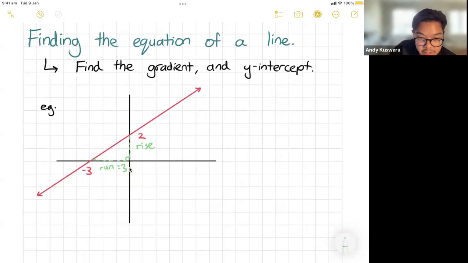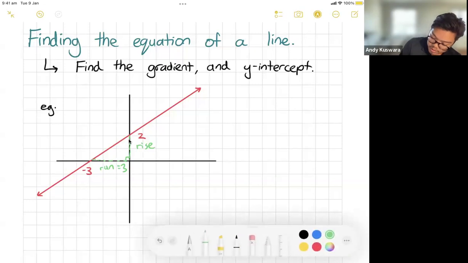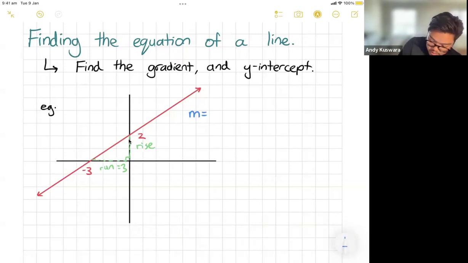My run is not -3 because I'm moving from the left to the right. Okay, my rise is still +2 because I'm going up. But in this particular case, with my right angled triangle, I can see that I'm running across 3, going up 2. So for this particular one, I can see that my gradient is actually 2 on 3.